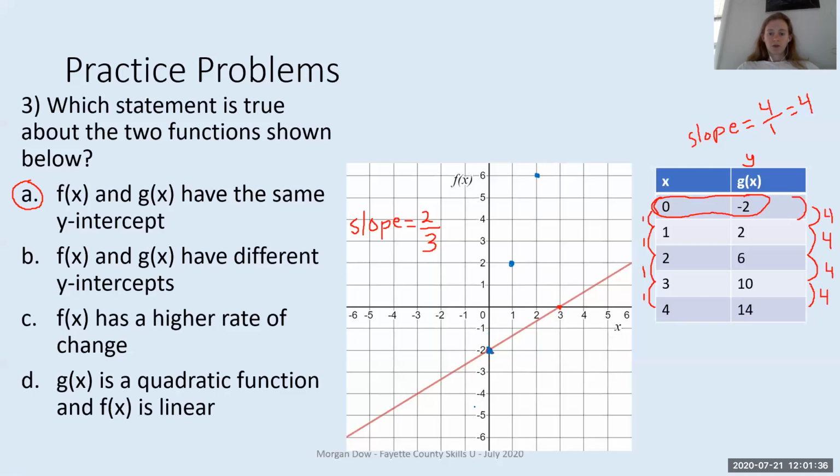So if I were to connect these into a roughly straight line, not going to be perfect, that's what g of x would look like, something like that. So you can see it's a much steeper line, it has a much greater slope. But even though it has a greater slope, it has the same y-intercept. It's crossing the y-axis at the same point.